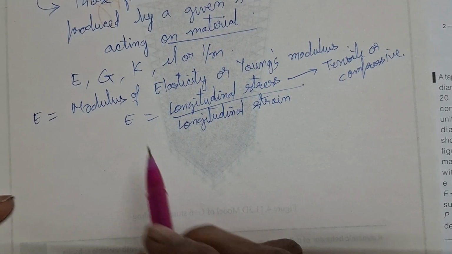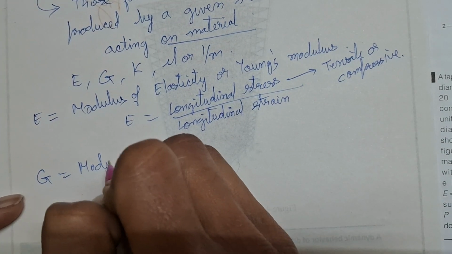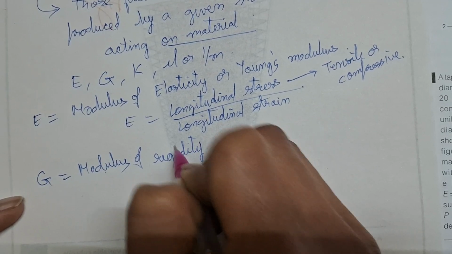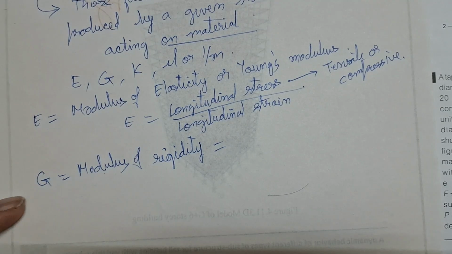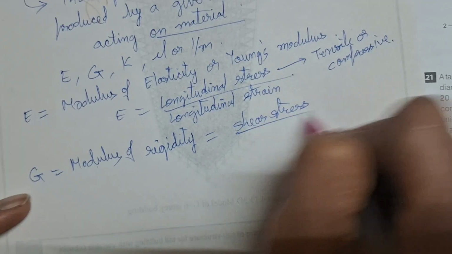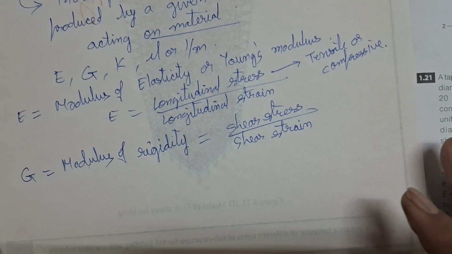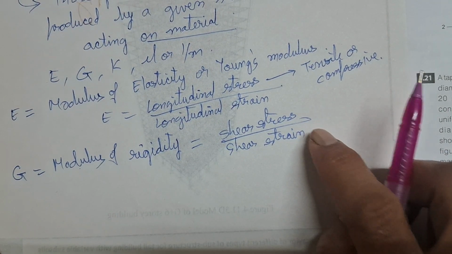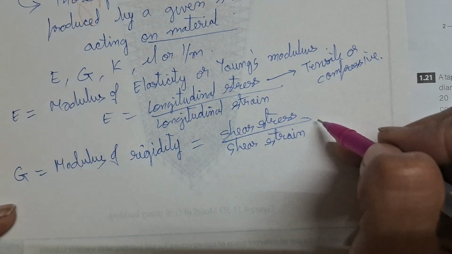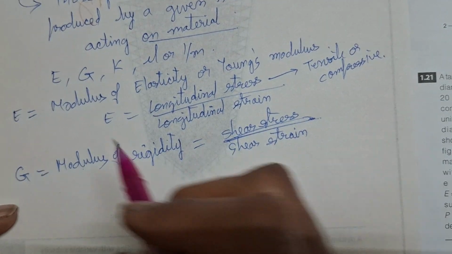Then another is G. What do you mean by G? G is modulus of rigidity, that is shear stress upon shear strain. So this is also a ratio of two quantities, but here shear stress means tangential stress, that is on the surface of the body.